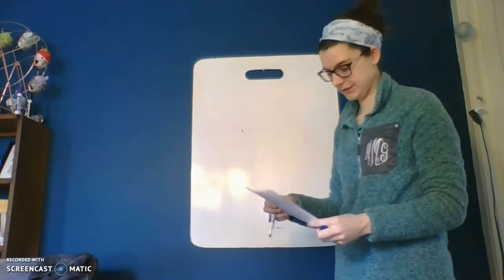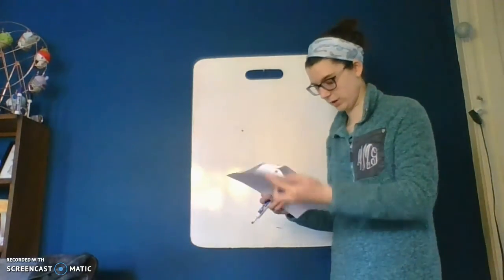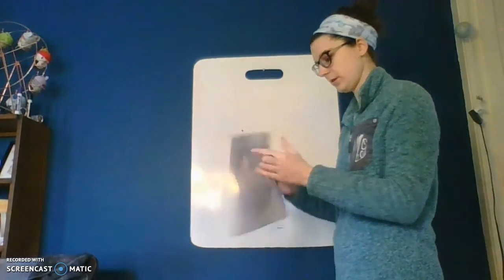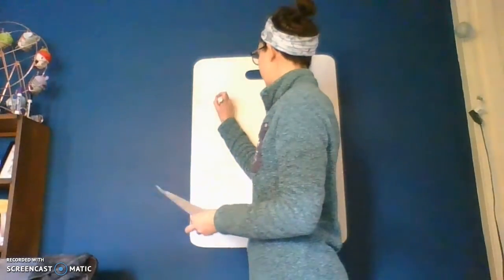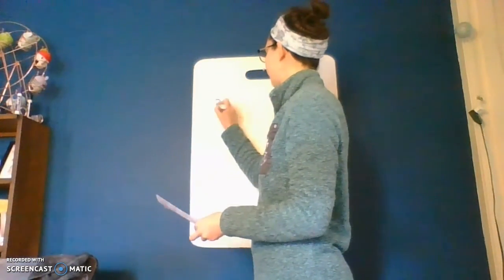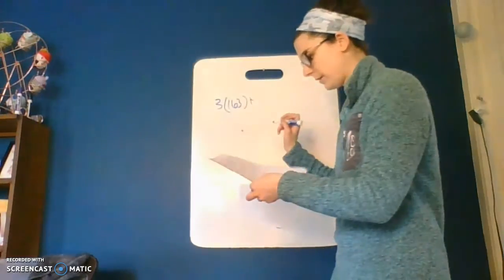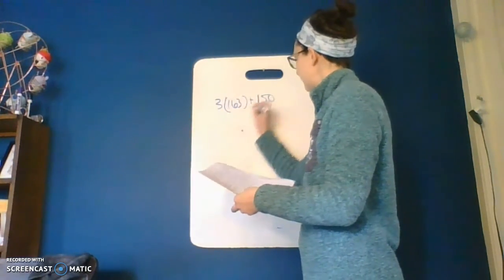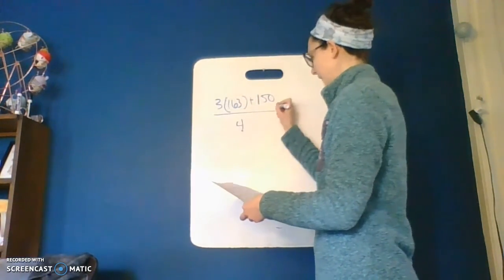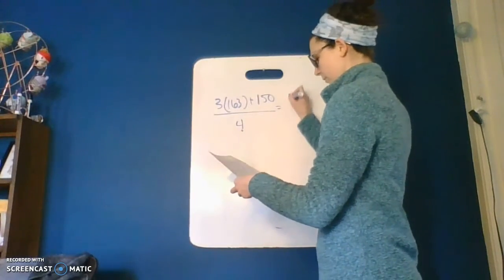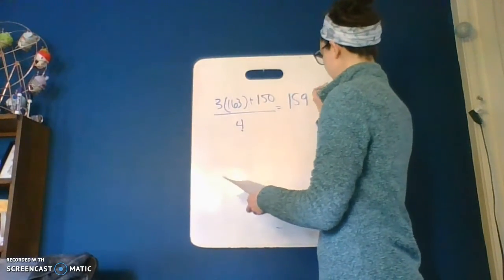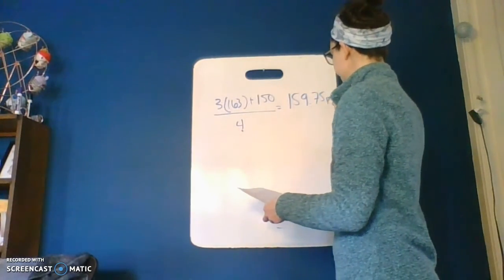So I find that average bond length for diagram 1. Based on the information they give me, I have 3 single bonds, so that'd be 3 times 163, plus 1 double bond would be 150 picometers, divided by 4. I have an average bond length of 159.75 picometers.